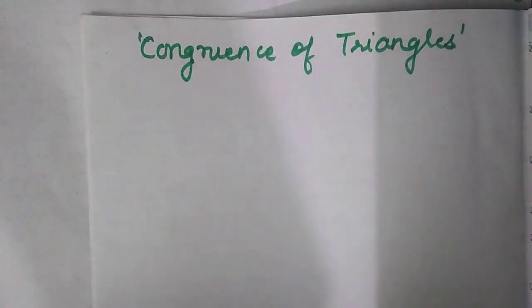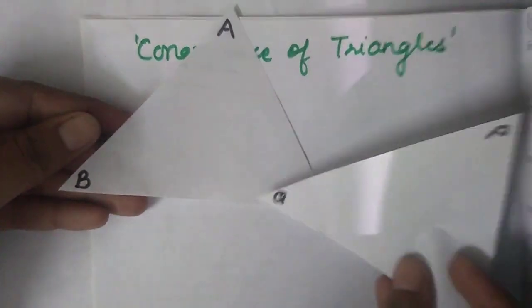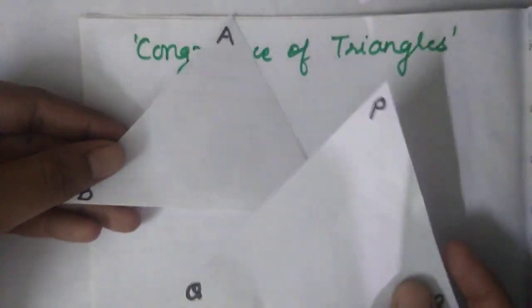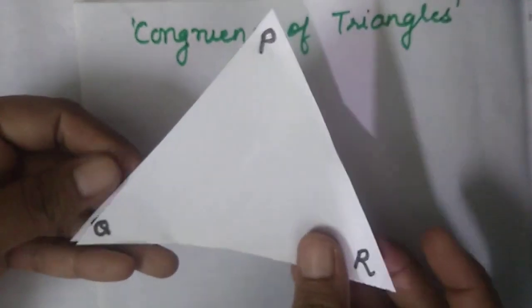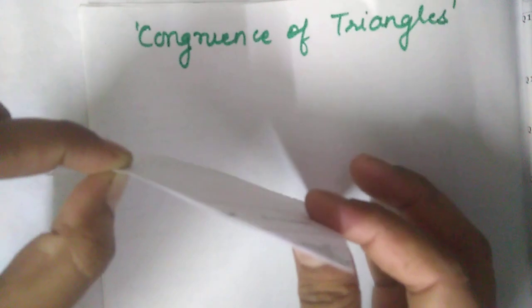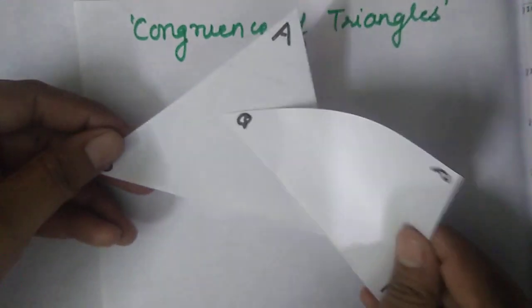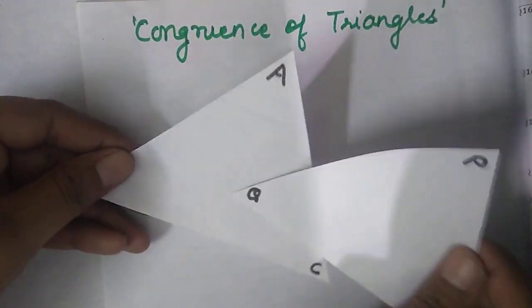So I have two triangles, triangle ABC and triangle PQR. If they completely overlap each other, as they are completely superposed, then I can say the triangles are congruent. They are just copies of one another.